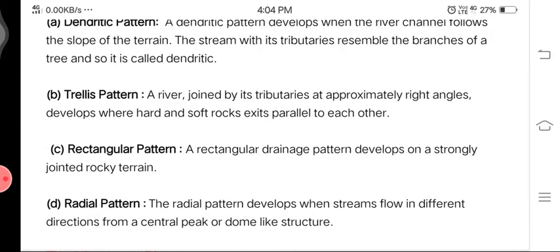And the last pattern is the radial pattern. The radial pattern develops when streams flow in different directions from a central peak or dome-like structure.